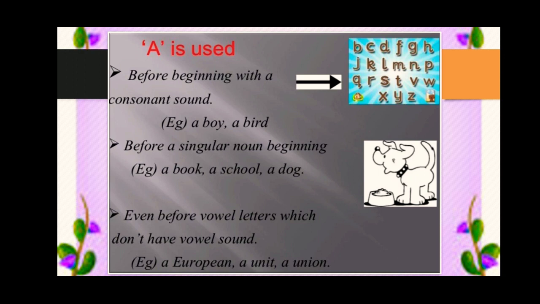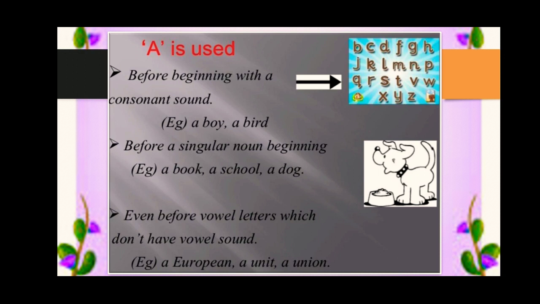Next, before a singular noun beginning with again a consonant sound, like a book, a school, a dog. Then even before vowel letters which don't have a vowel sound. This is very important. As I've already told you, we have to follow the sound, not the letter.